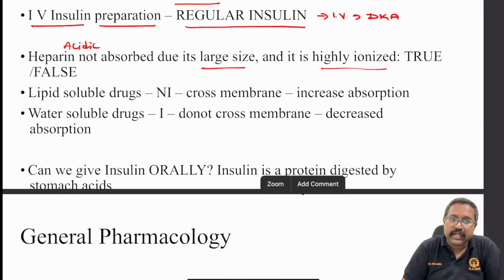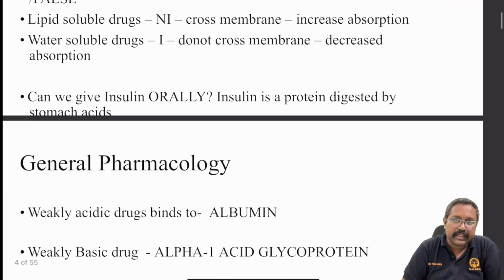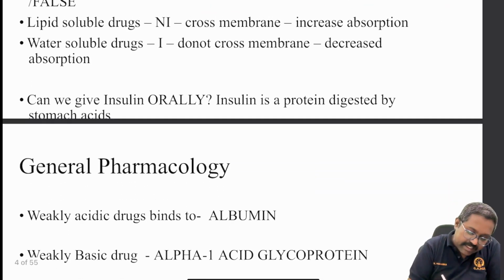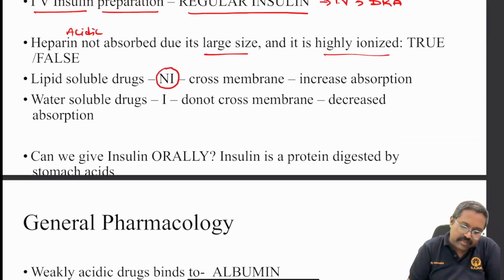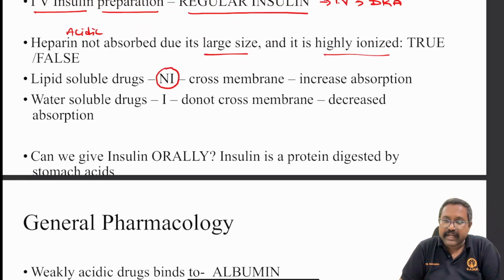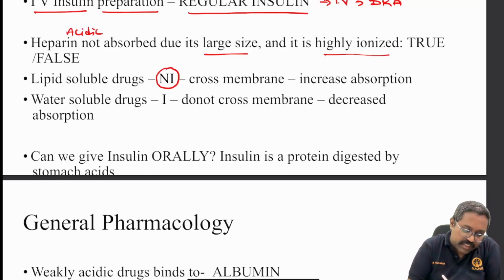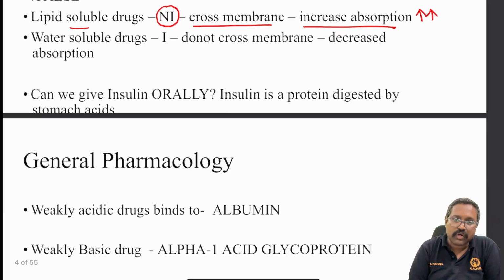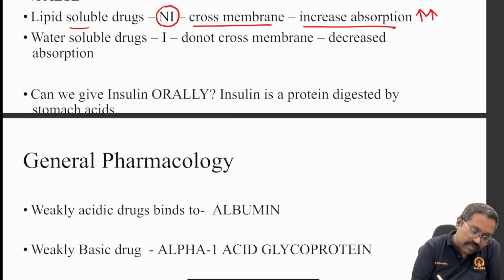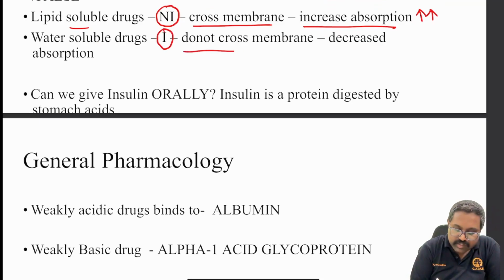And please remember, lipid soluble drugs basically get non-ionized. When the drugs are lipid soluble, they are available in the non-ionized form, which can easily cross the membrane, thereby increasing absorption. Whereas water soluble drugs will be in the ionized form, and they do not cross the membrane, so there is a decrease in absorption.